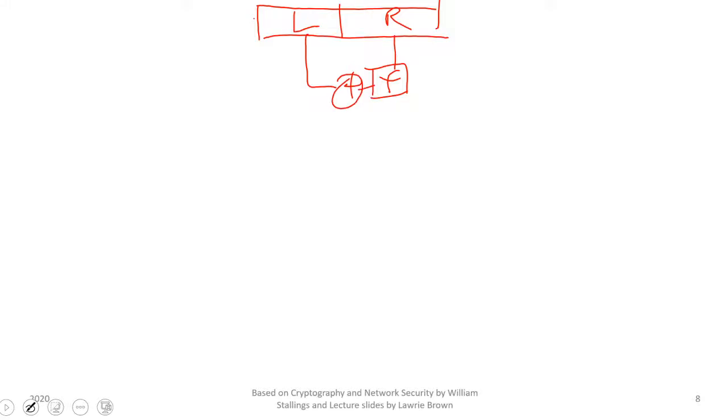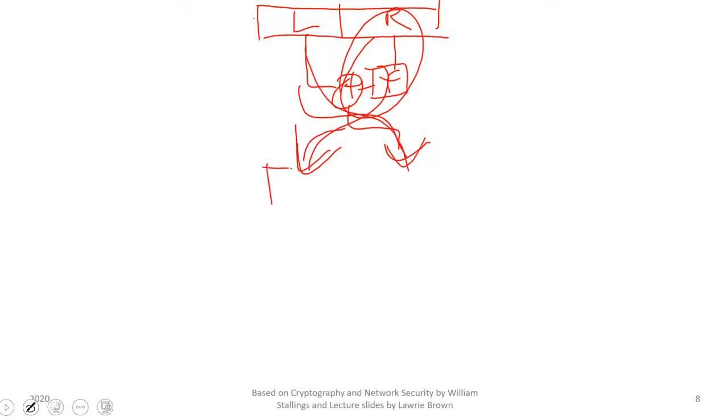That result becomes the new right part, and the right part itself becomes the new left part. So there is a function, and the result goes this way, and then it comes this way.